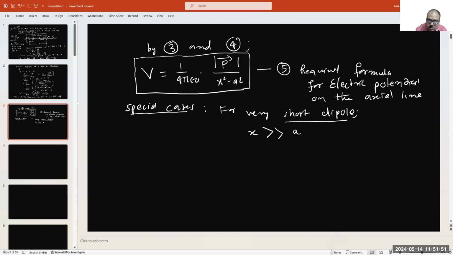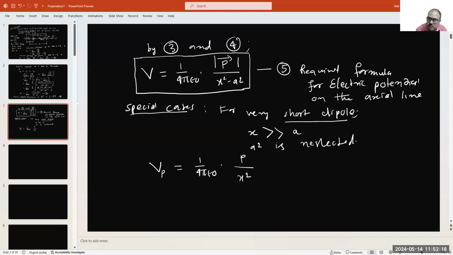what happens then? A square in equation 5 is neglected. If you are neglecting it, you can write the potential at point P on the axial line as 1 upon 4 pi epsilon naught times P by x square only. No other term.